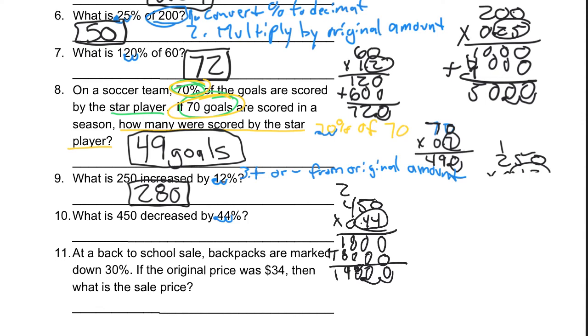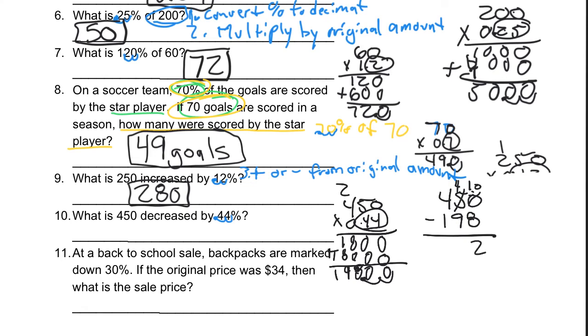Well, I'm not done yet because I have step 3. Subtract from the original amount. So now I need to take 450 and subtract 198. All right. Well, what I need to do is I need to borrow, right, from this one. So I get 10. 10 minus 8 is 2. All right. 4 minus 9.